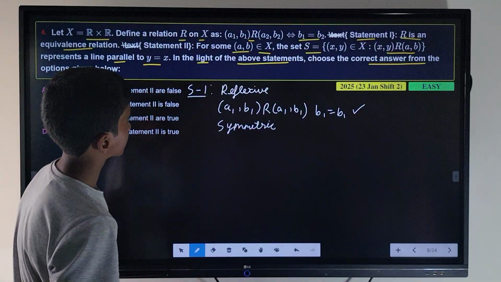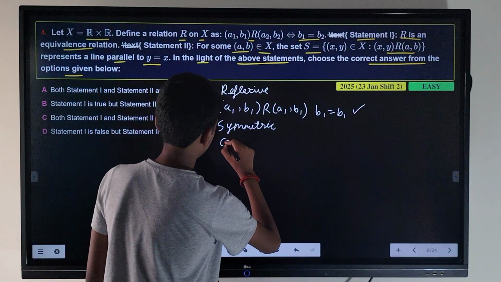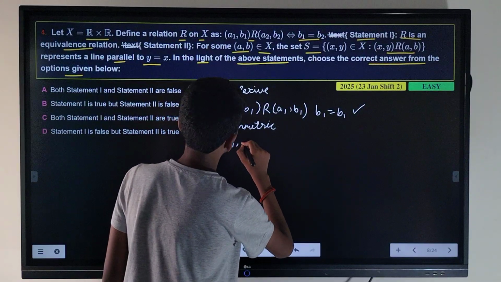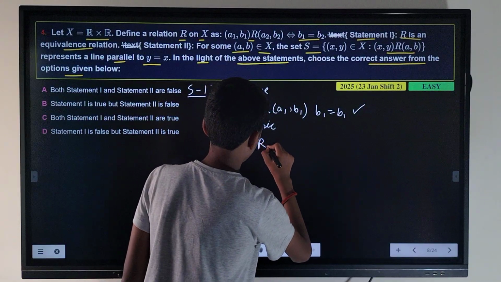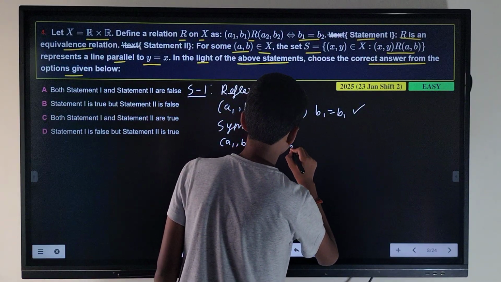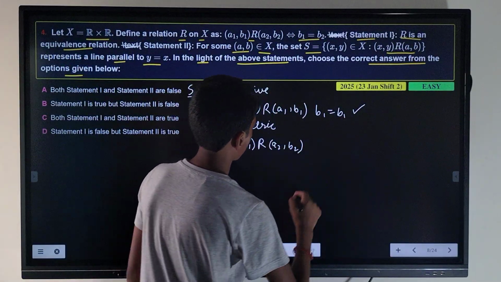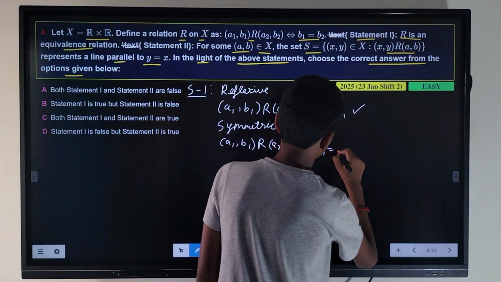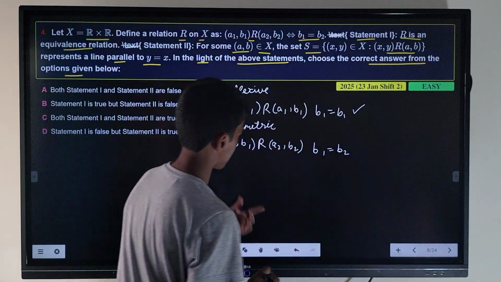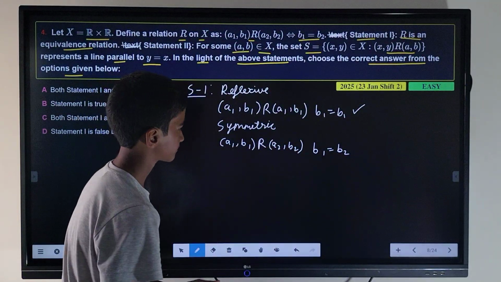Now we will check for symmetric. Suppose we have (a1, b1) related to (a2, b2), and our b1 is equal to b2. We are assuming that we have this element in our relation.